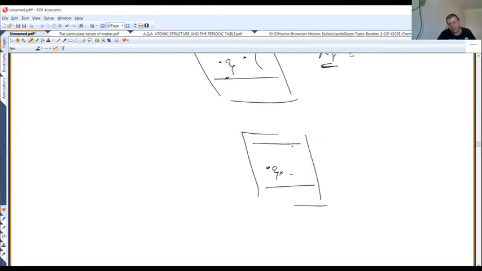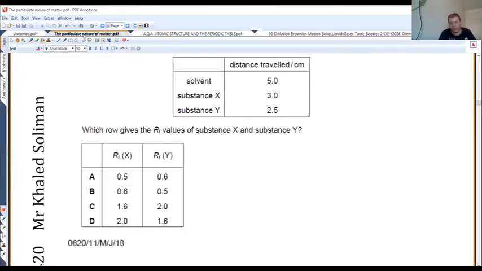This distance is X, and this distance is Y. X over Y gives you the RF value. RF is the retention factor, a rate of flow. It gives a specific RF value for each substance, and it is identical for each substance.